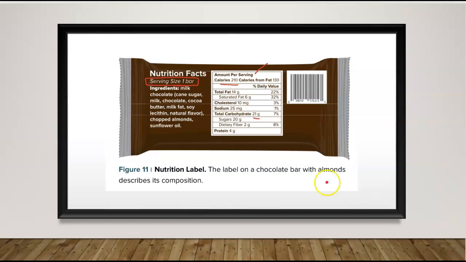The protein in here, you're not getting any energy from the 4 grams of protein. You're not getting calories from it. That's not the purpose of the protein in this bar. Okay? Ingredient-wise, it tells you what all the ingredients are. Check out the nutritional label on the things you're eating.